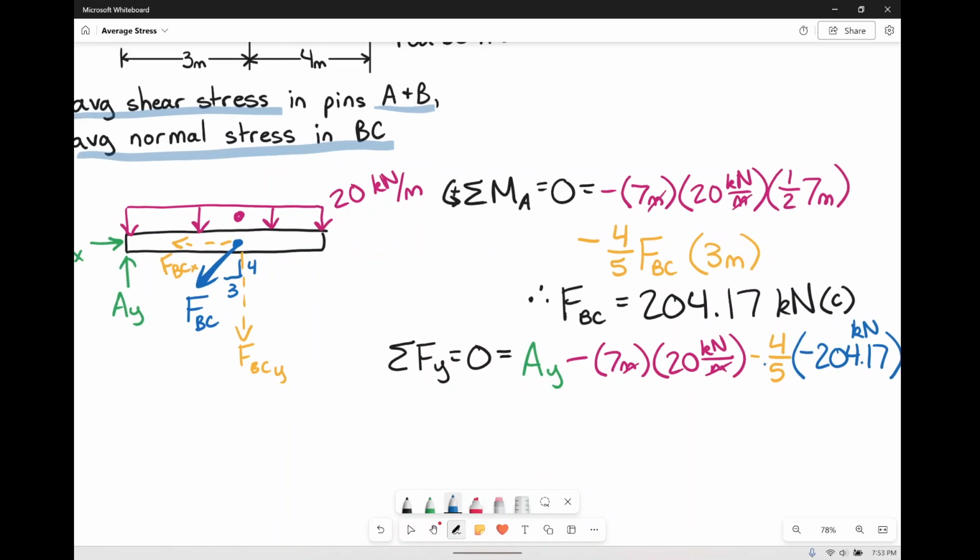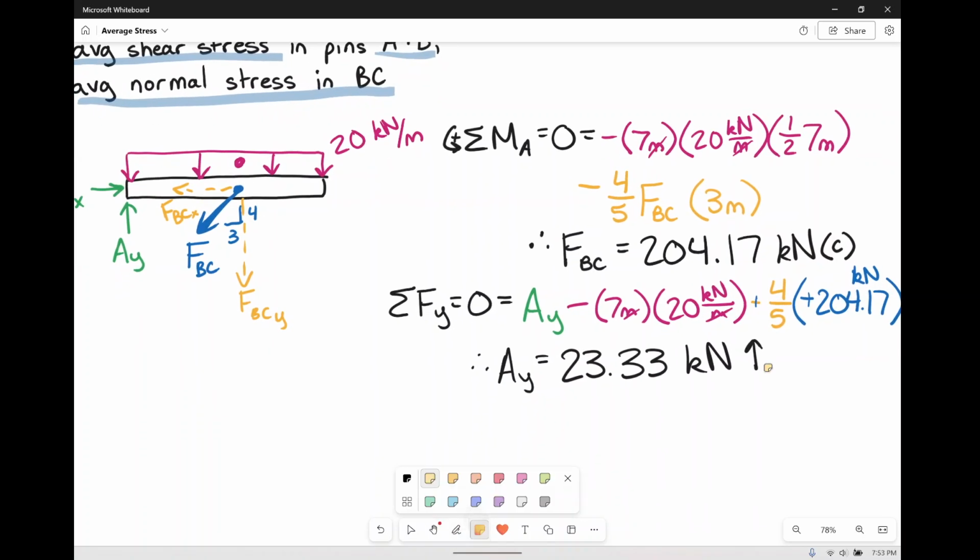So my two negatives are going to cancel each other there, which is nice because in reality, this force is supposed to be going up, not down. As long as you pay attention to your arrows and your signage, everything will be okay. So what are we going to find for AY? AY is going to be 23.33 kilonewtons, and it's going up.